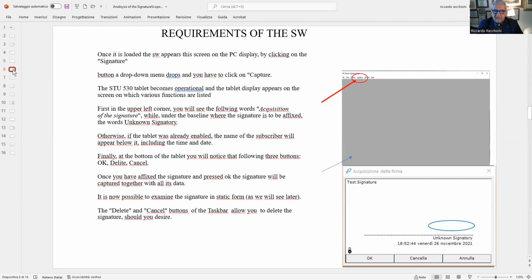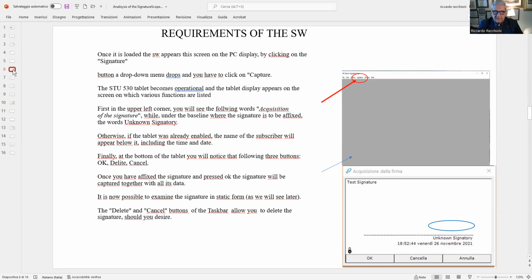The STU 530 tablet becomes operational, and the tablet display appears on the screen on which various functions are listed. First, in the upper left corner, you will see the words: acquisition of the signature, while under the baseline where the signature is to be affixed, the words unknown signatory.